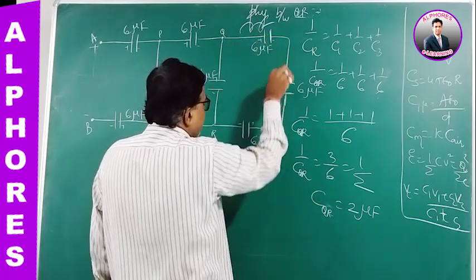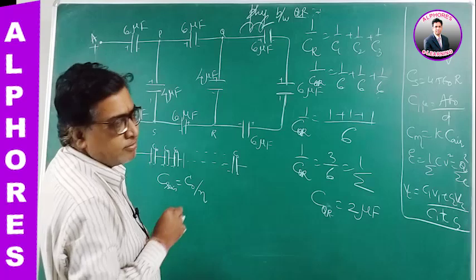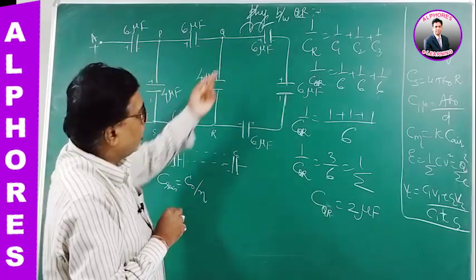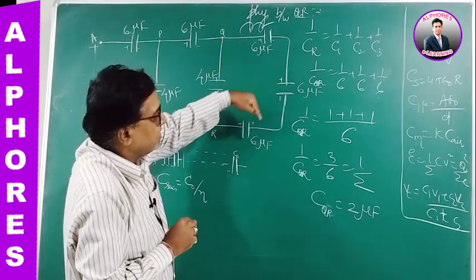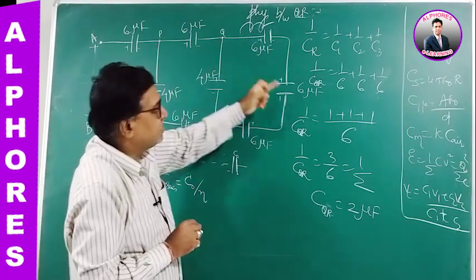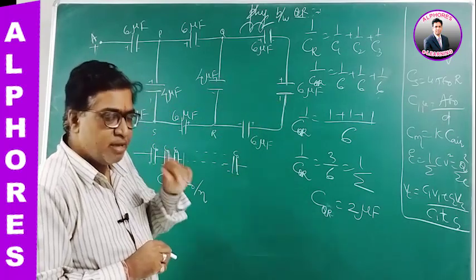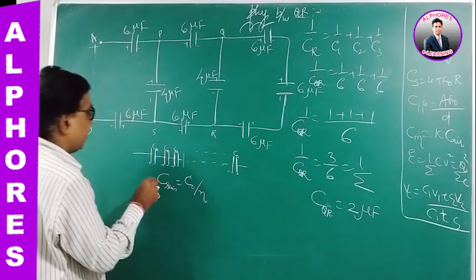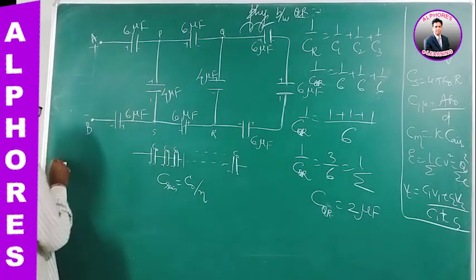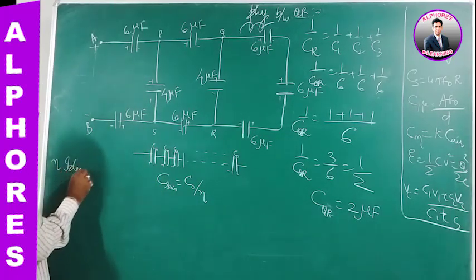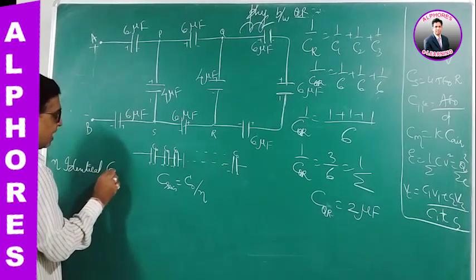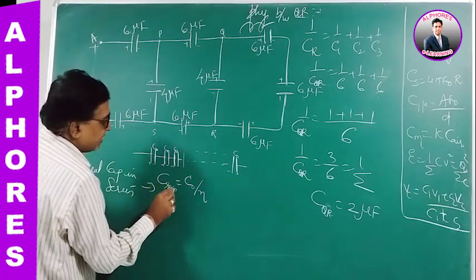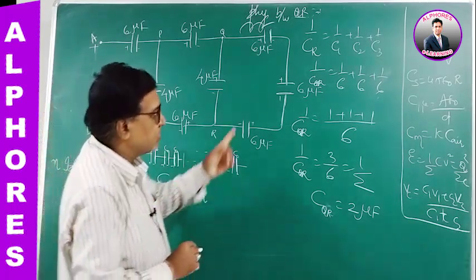The opposite terminals are joined, so they are all in series. And 6 identical, same. So there are identical capacitors connected in series. We know if n identical capacitors are connected in series, then the resultant capacity is C0 by n.